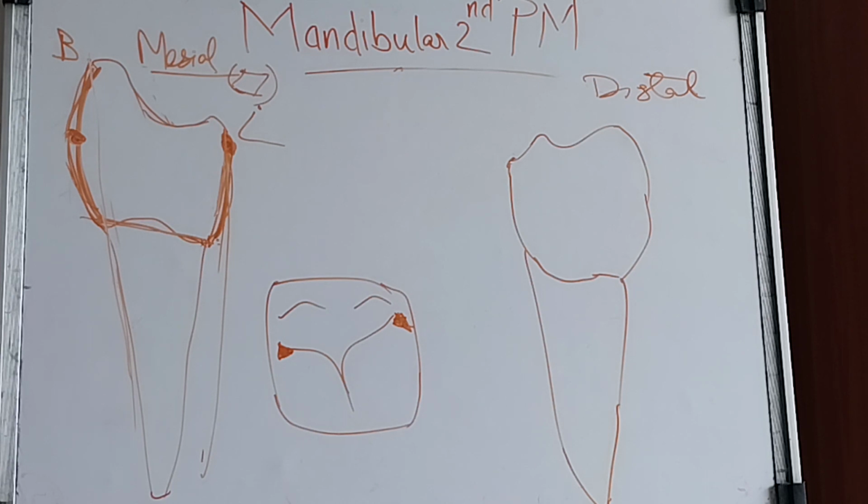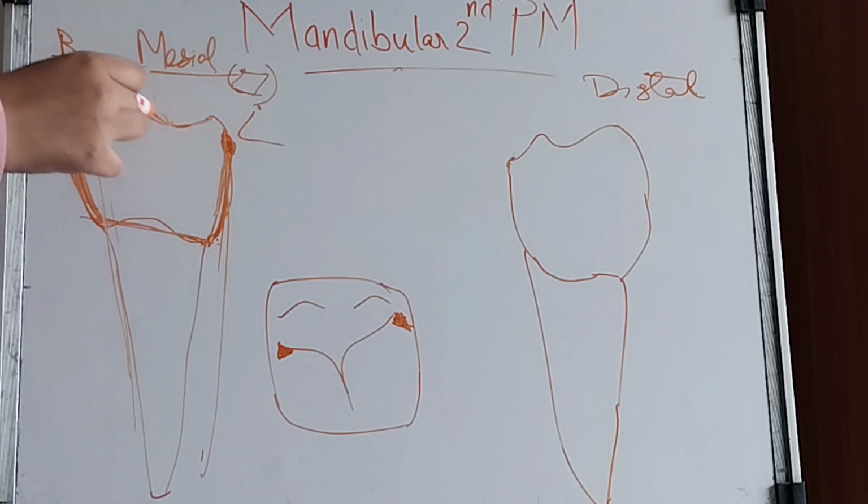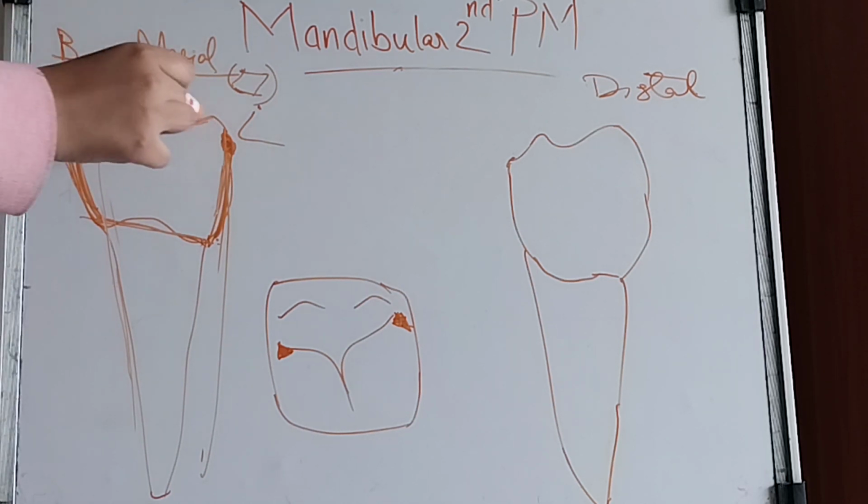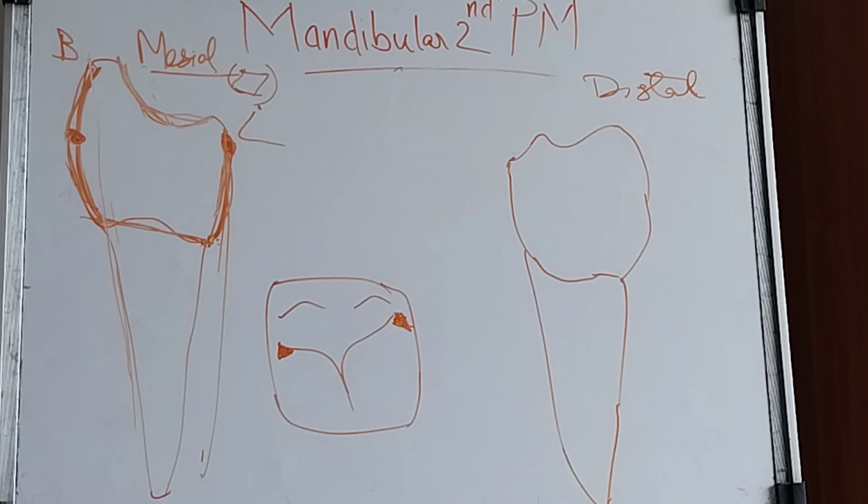Now moving on to the occlusal outline, it is concave. You can see it's clearly concave, and the mesial marginal ridge is at a right angle to the long axis of the tooth.